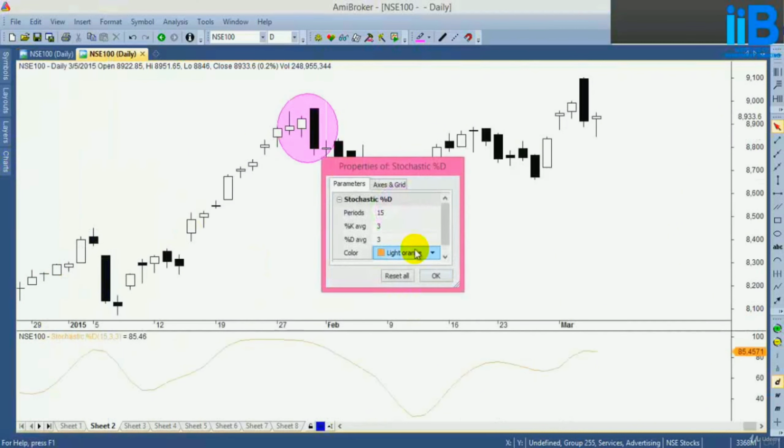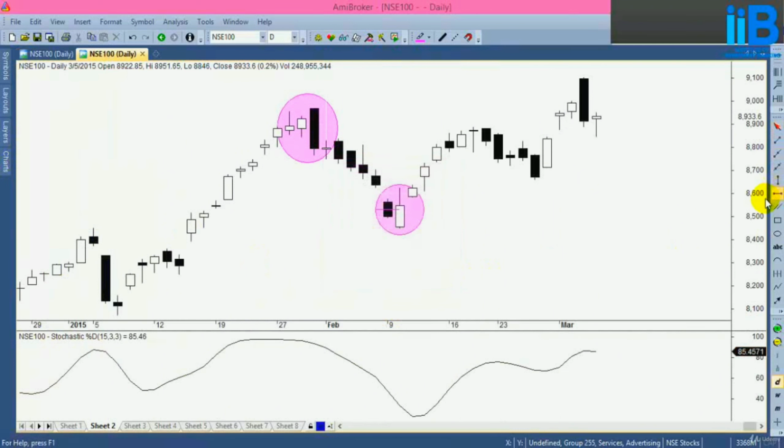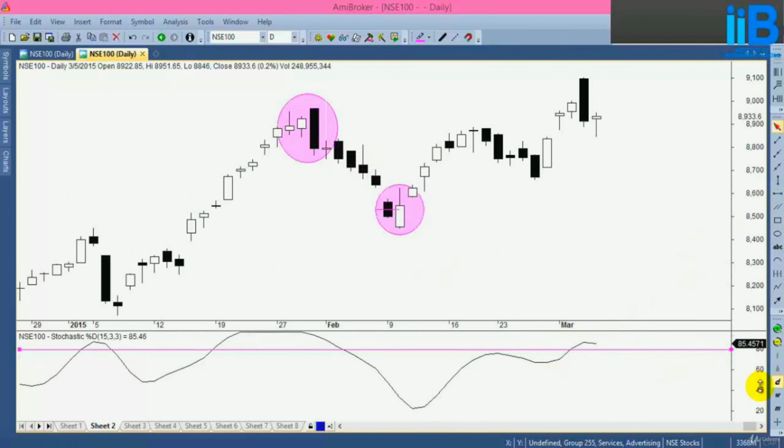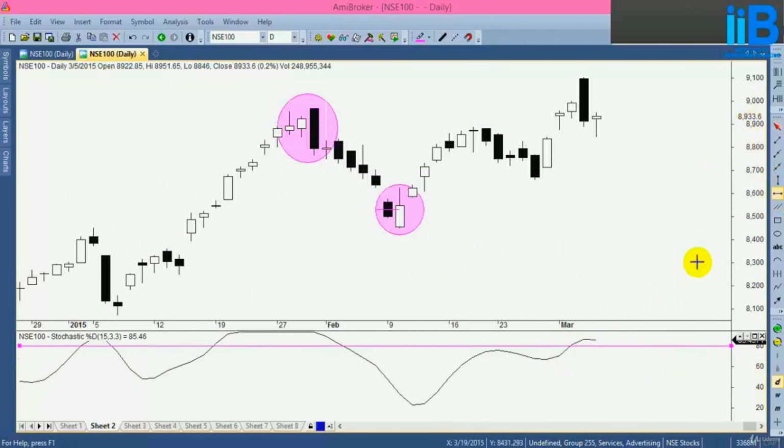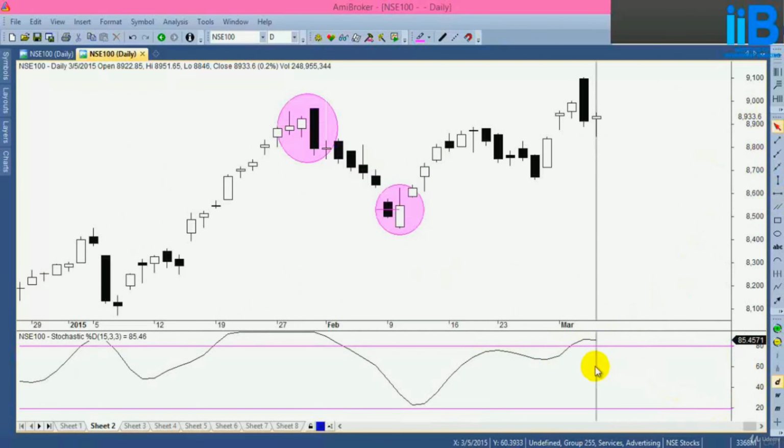I'll make the color black, and if you have used stochastic previously, you will know that 80% and 20% are the levels where one must be aware that the market might change its direction. So every time stochastic %D reaches either 80 or 20, these levels are called overbought or oversold levels.